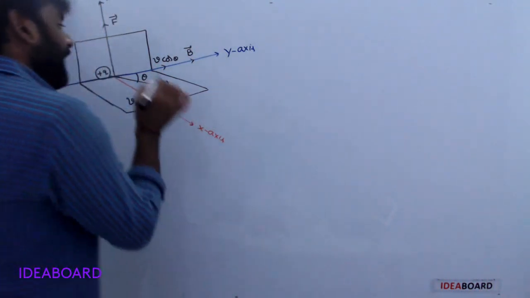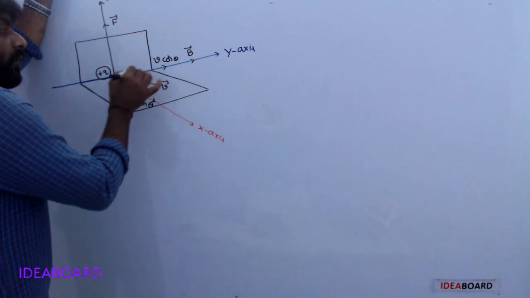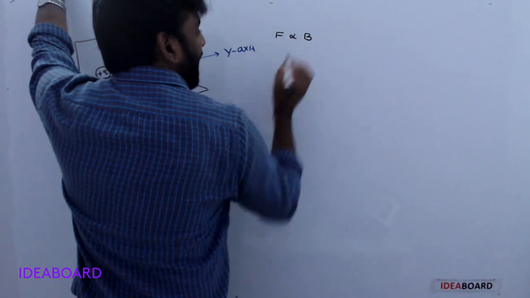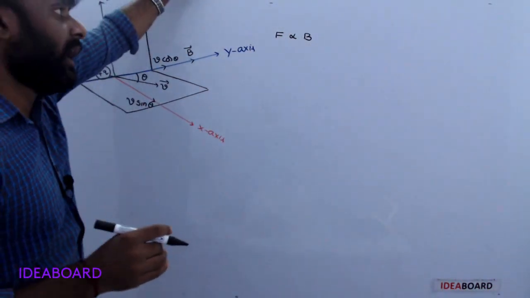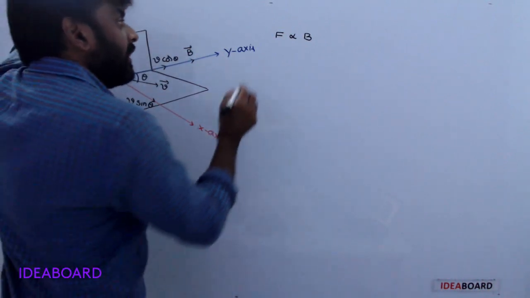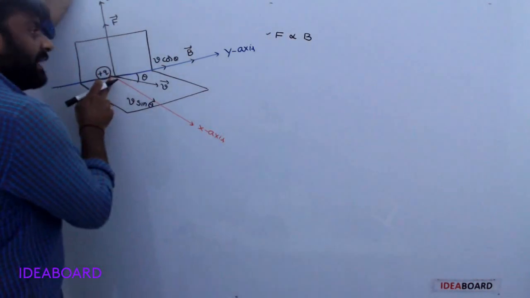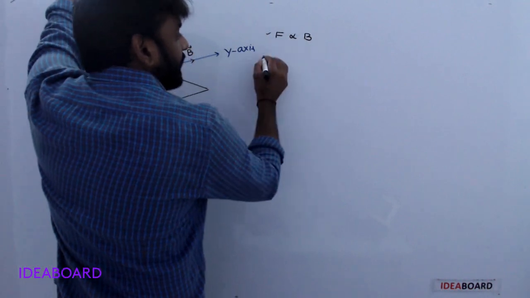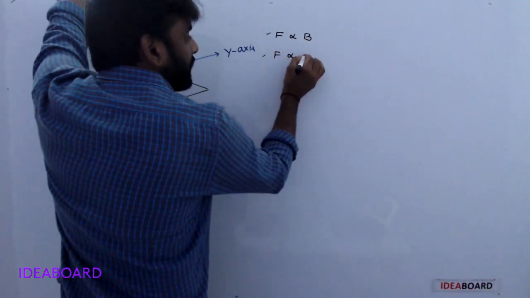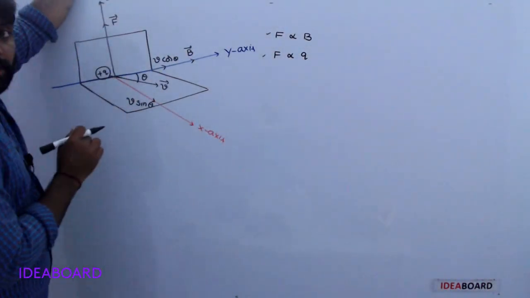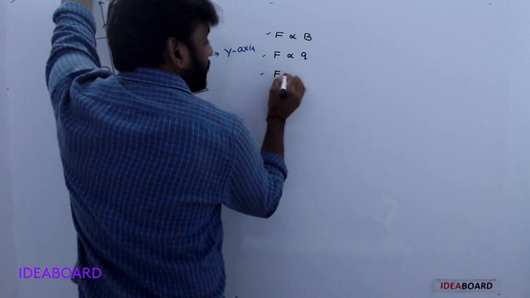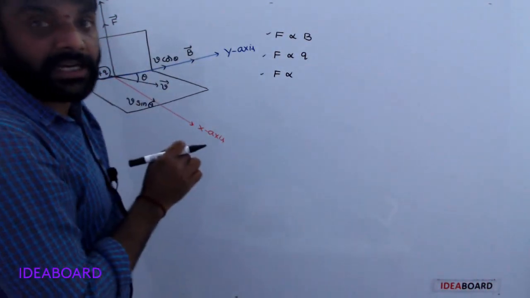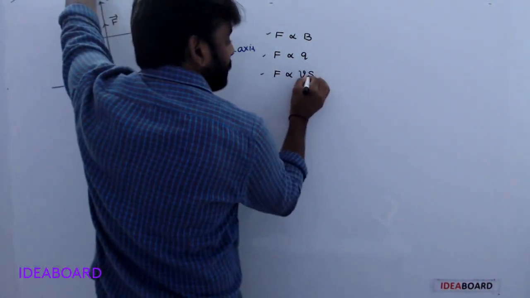Now practically it was observed that the force on the charged particle is directly proportional to the magnitude of the magnetic field, directly proportional to the charge, and directly proportional to the velocity component perpendicular to B bar, that is v sin theta.